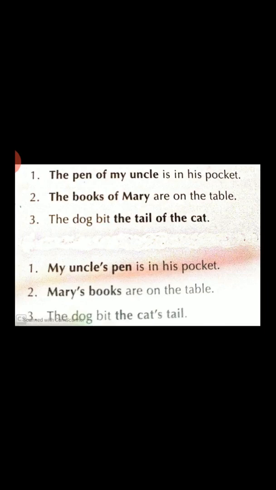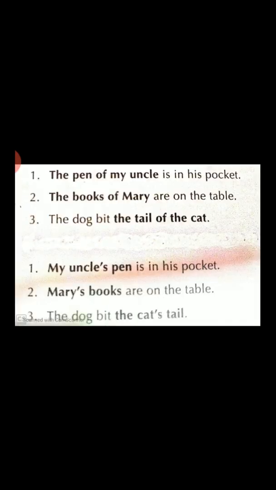So, what is the difference in both set of sentences? Exactly, in the second set of sentences, an apostrophe is added to the noun to show possession, or you can say ownership. Getting it? Is this clear? Now I'll be telling you how to form possessive form of singular nouns and of plural nouns.